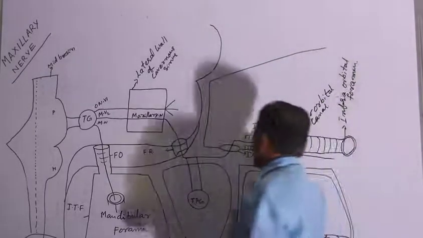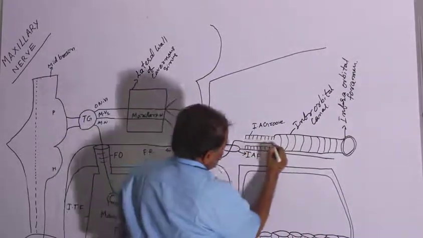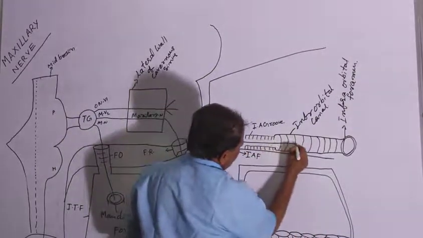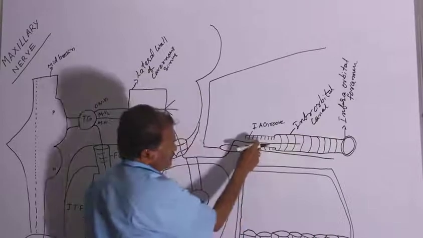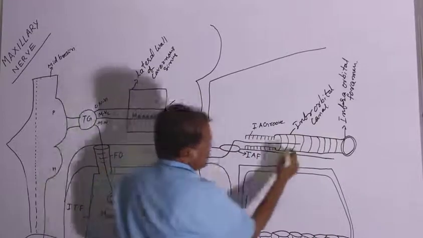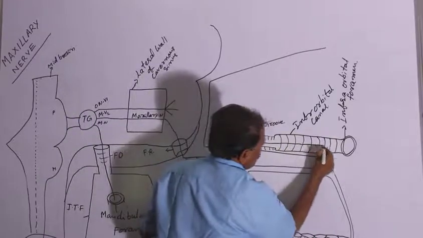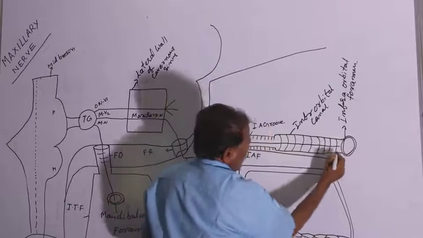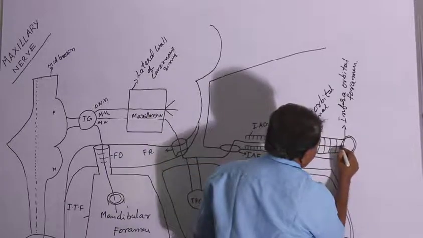So this nerve, first it is in the infraorbital groove, and then it runs through the infraorbital canal, and it comes out.